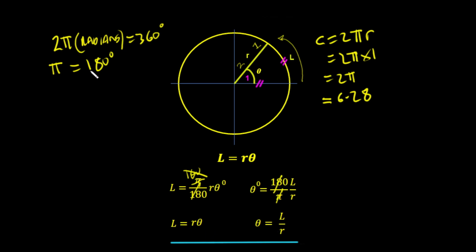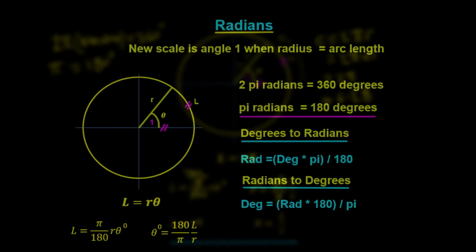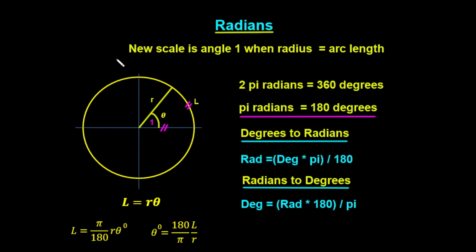So let's summarise what we've done here on the final page. Let's summarise what we've learned in this video about radians. We have a new scale for the angle, and the new scale is: 1 radian is equal to the angle subtended by an arc which is equal in length to the radius.